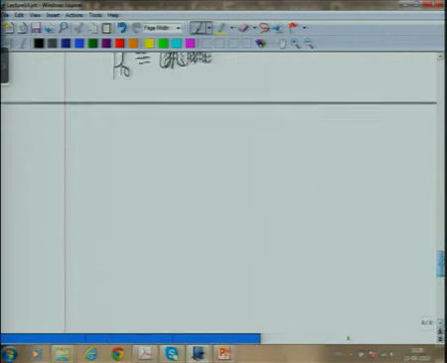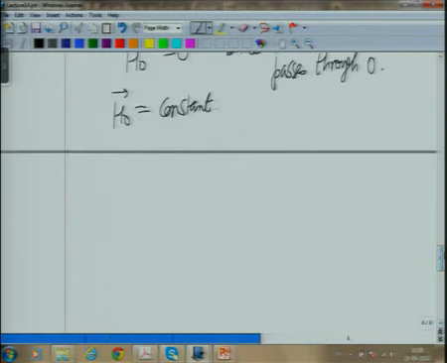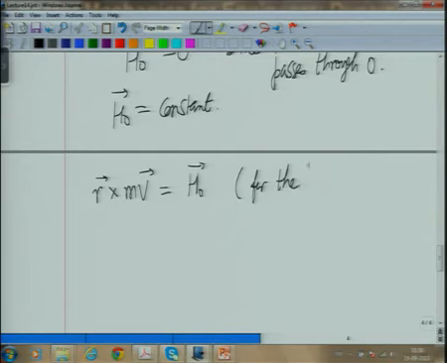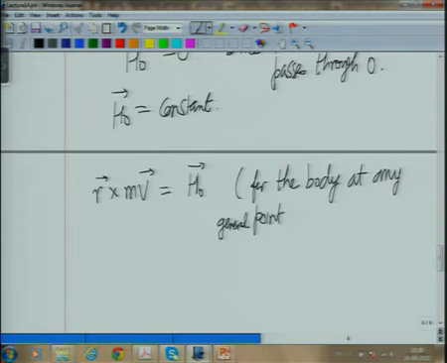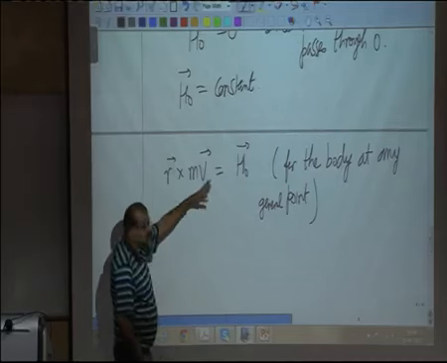So now if HO is constant, let's show some consequences of this. The body is moving at any general point of its motion. r cross mv is defined as HO, but HO is constant.